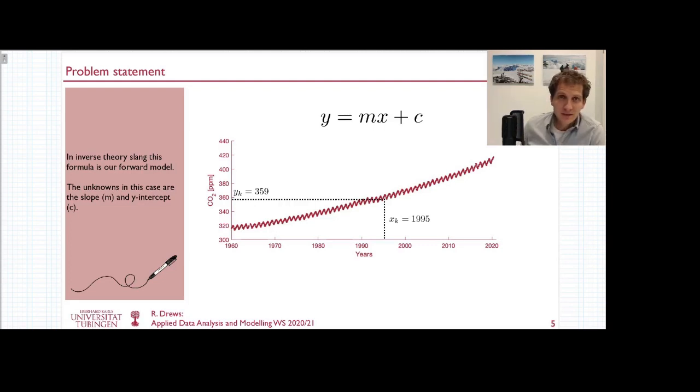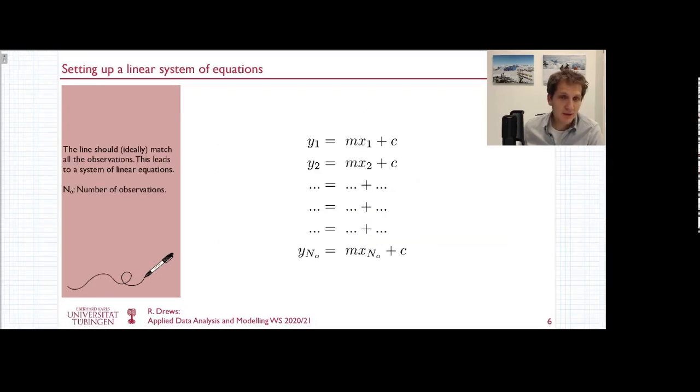And ideally, I would like that our optimized forward model is in line with all of the observations we have. And if I request that for each and every data point, I end up with a system of linear equations. For each data point, we have one equation. And here I introduce the number NO, which marks the number of observations.